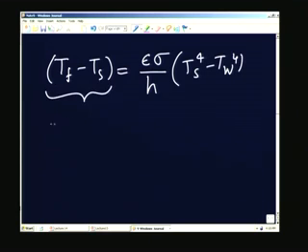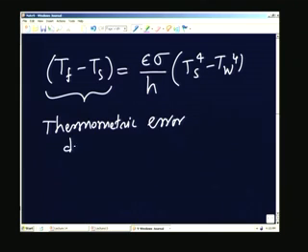I am just rewriting the previous expression, and this is your thermometric error due to radiation. So, it is a straightforward problem.